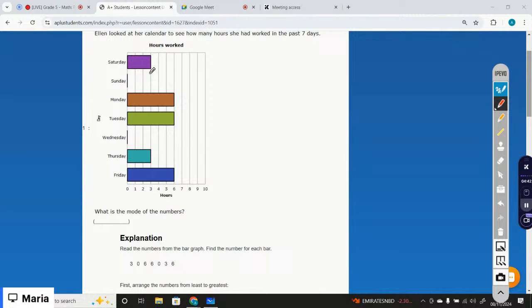If you look at these values, Sunday is 3, Monday is 6, Wednesday 0, Thursday 3 and 6. So you can see 6 is the number that appears the most of the time in the given data. So 6 is the mode, right? The correct option is 6.